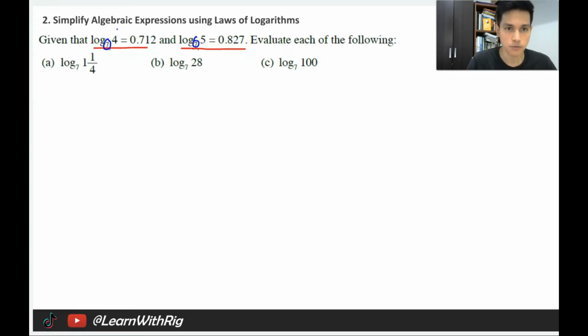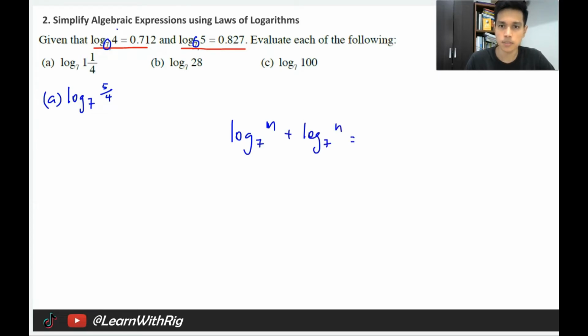So now, let's solve one by one. Log 1 1/4. What I'm going to do is change this to an improper fraction first, so it becomes 5 over 4. Now remember, I told you, whenever you see log m plus log n, it becomes multiply, so mn. Whenever you see addition of logs, you have to multiply. In this case it's divide, and divide means minus.